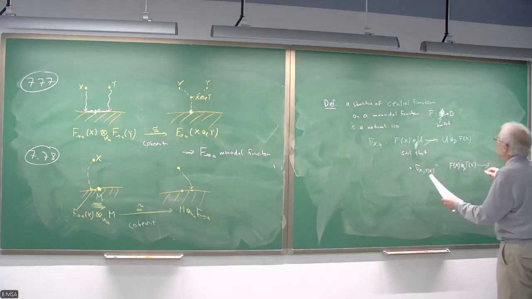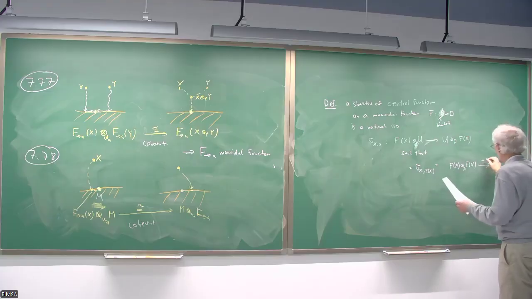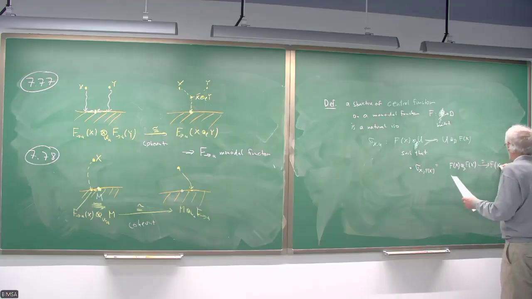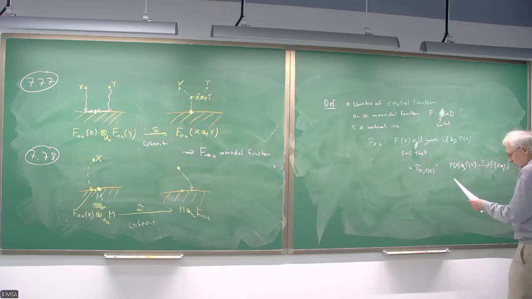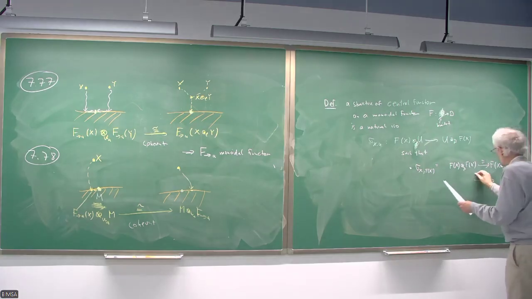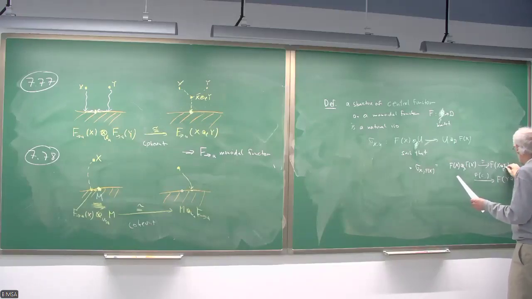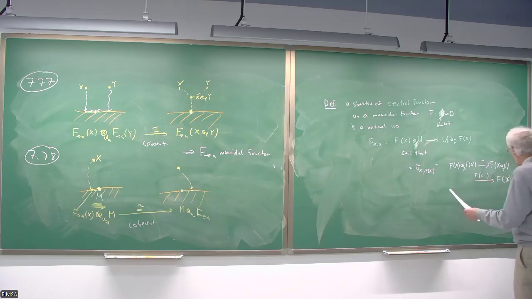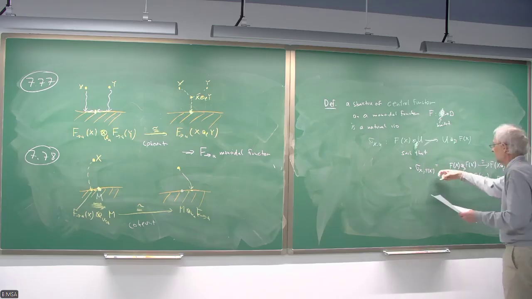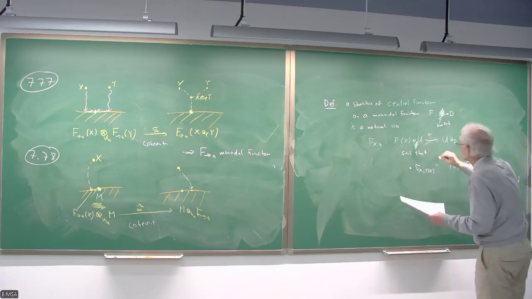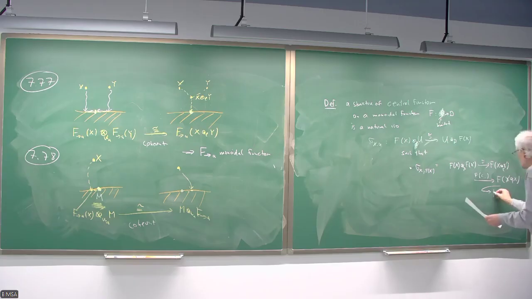I use the fact that F is monoidal to write this as F of X tensor Y, and then I use F of the braiding to write this F of X prime, obviously X, and then I use the inverse of the isomorphisms to go to F of X prime tensor.